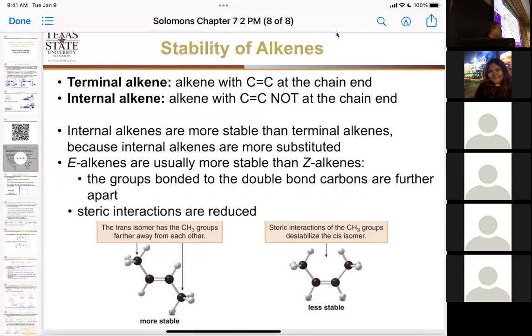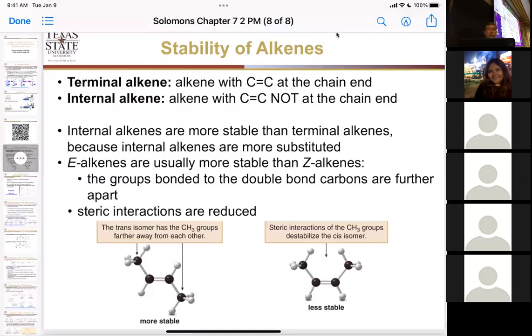If it has 2 substituents or more, we call it an internal alkene. As it turns out, internal alkenes are more stable than terminal alkenes. I'll get to why in a minute, but I wanted to say that those are more stable.